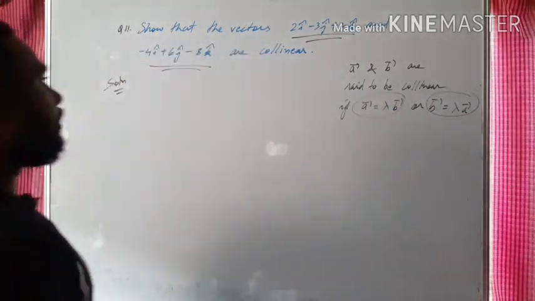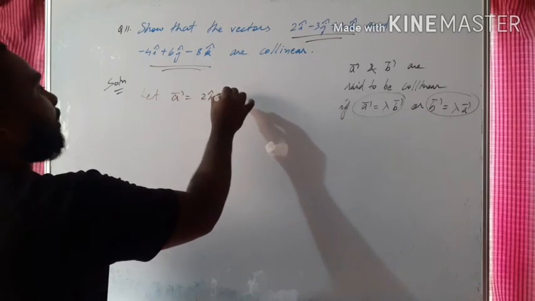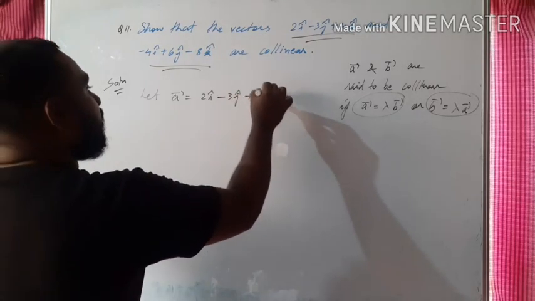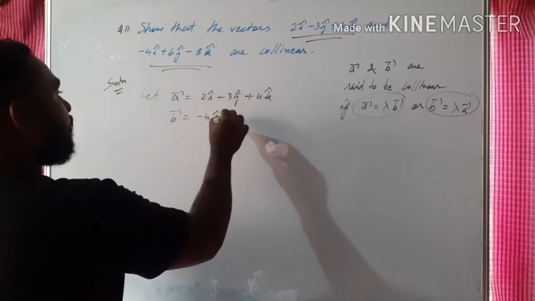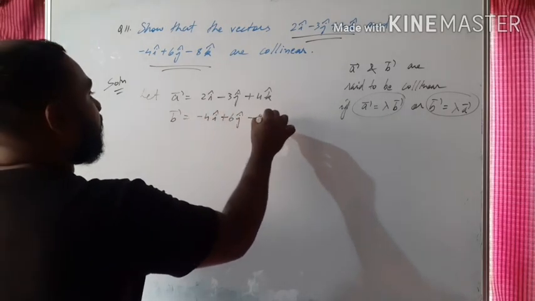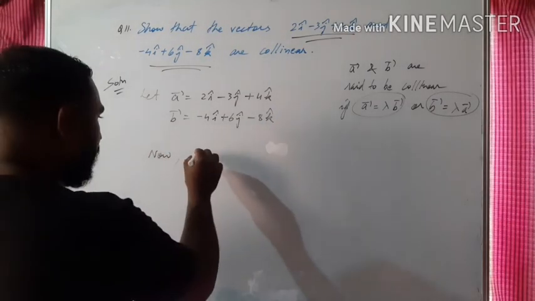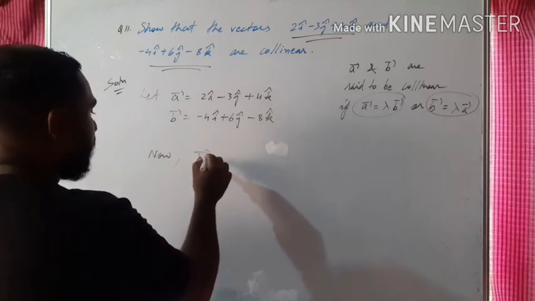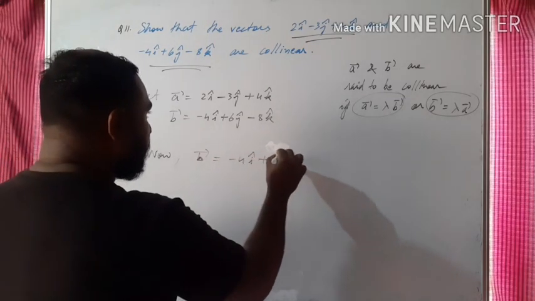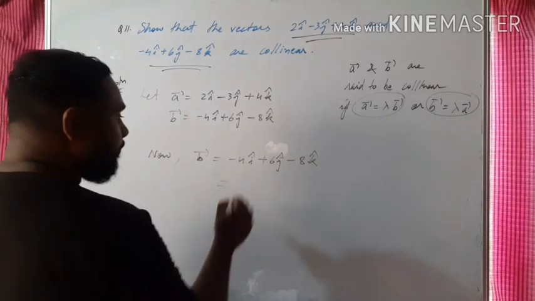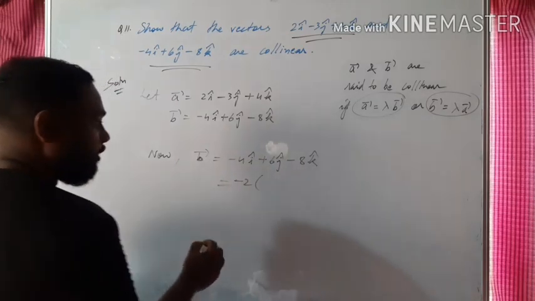So here let me take a is equal to 2i minus 3j plus 4k, and b vector is equal to minus 4i plus 6j minus 8k. Now if I see, I can take a common minus 2 from b.